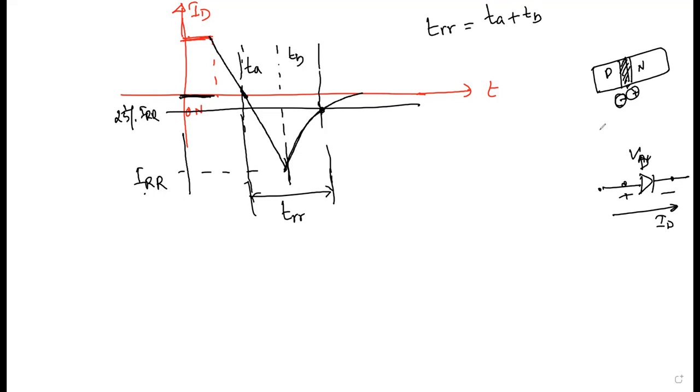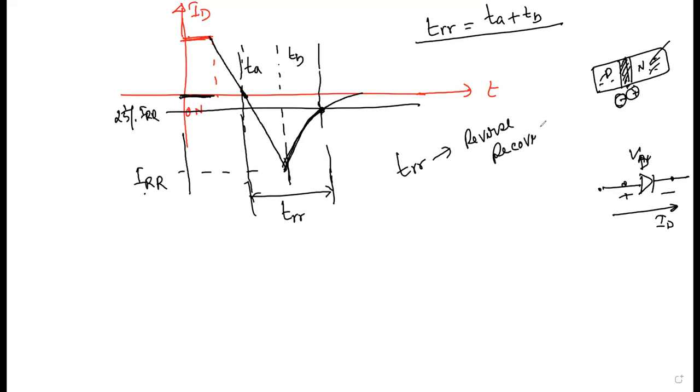There are also other minority carriers inside the bulk of the semiconductor material, which also need to vanish. So it takes this time too. Altogether, this is known as the reverse recovery time.